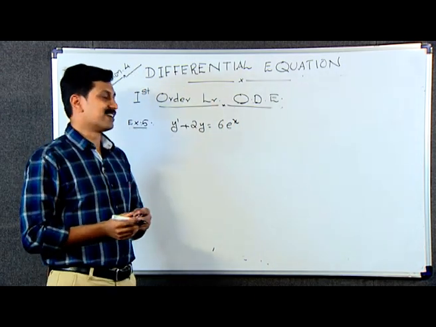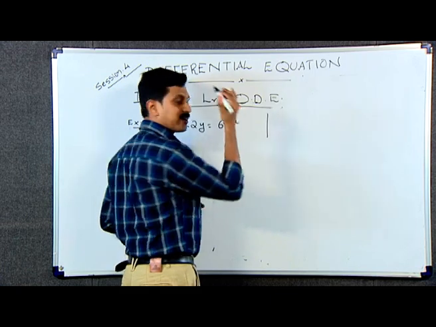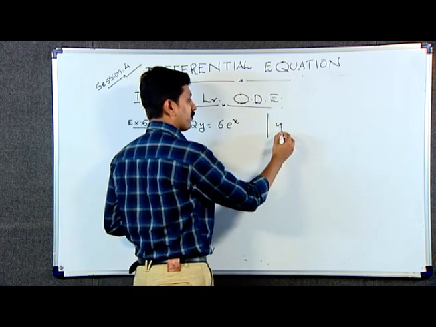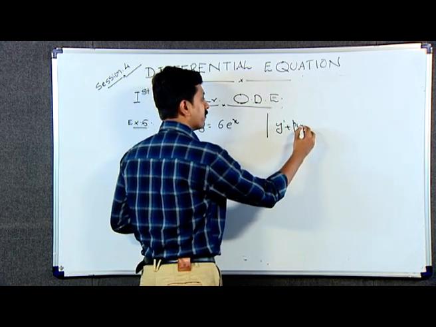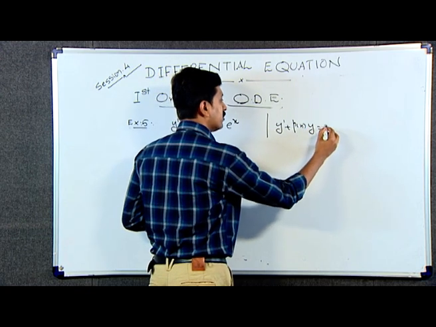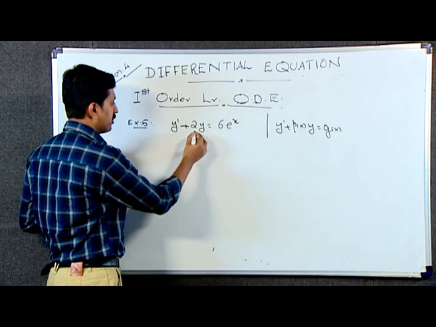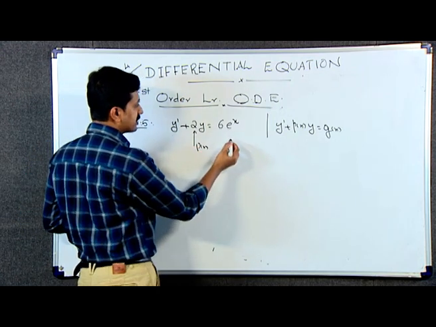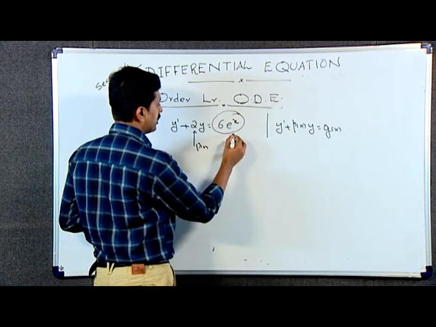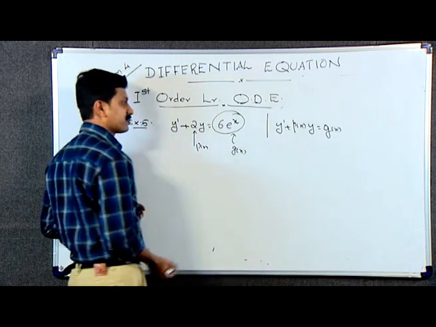Simply, this is a linear differential equation. We can compare with our general form, y dash plus p of x into y is equal to g of x. Here 2 is the p of x and 6 e raised to x is the g of x.